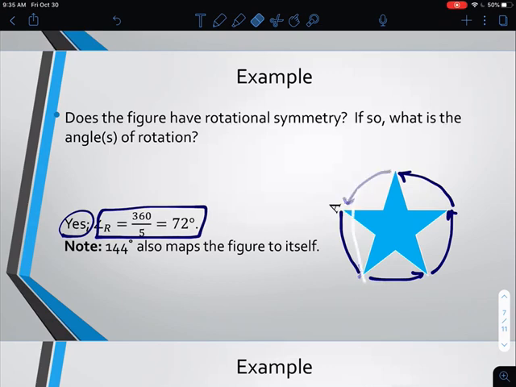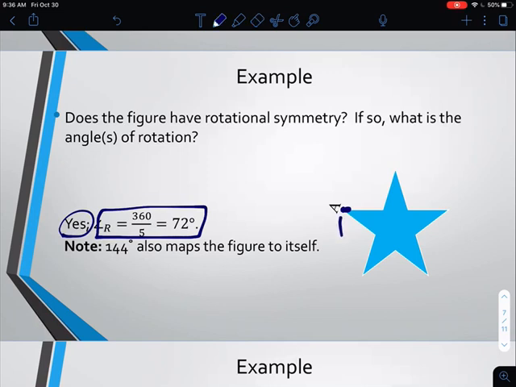Now the other thing to make note of here, there are times where we might be interested in more than one single move. So 72 degrees would take point A one space counterclockwise. So if I said apply a 72 degree rotation, A is going to come down to here. But I can move A more than one spot because there were multiple stops along the way. There were 5 to be exact.